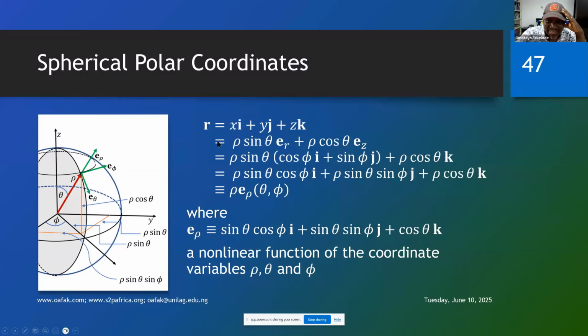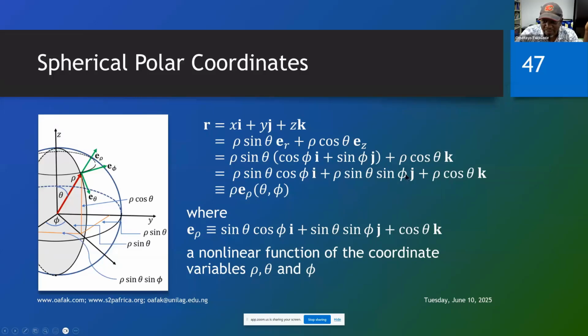And then you remember that ER, when we were moving from Cartesian, this in bracket is ER. We said it's cos phi E1 plus sine phi E2. So E1 is I and E2 is J. And that's it. So here you start with Cartesian, here you use spherical, here you converted ER and EZ to their Cartesian forms.